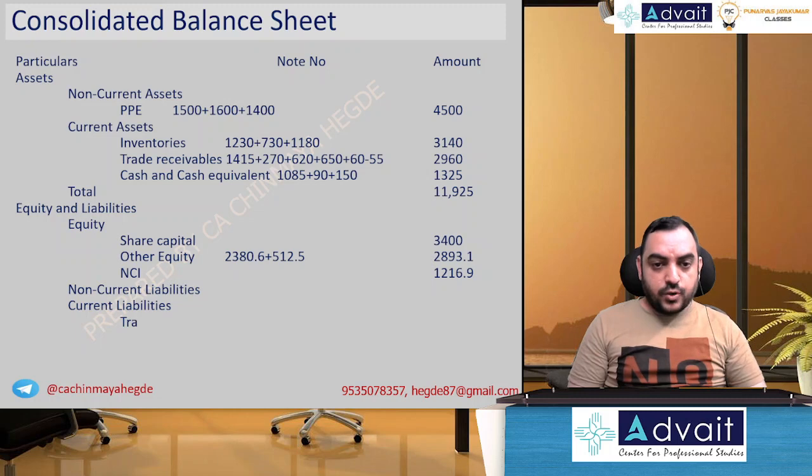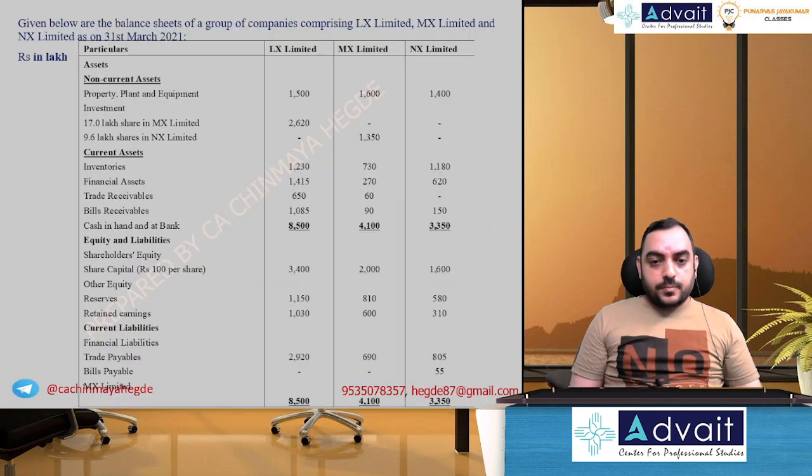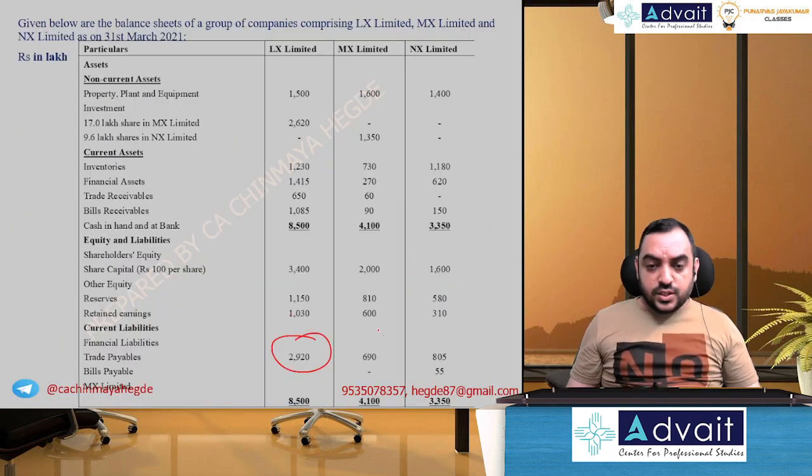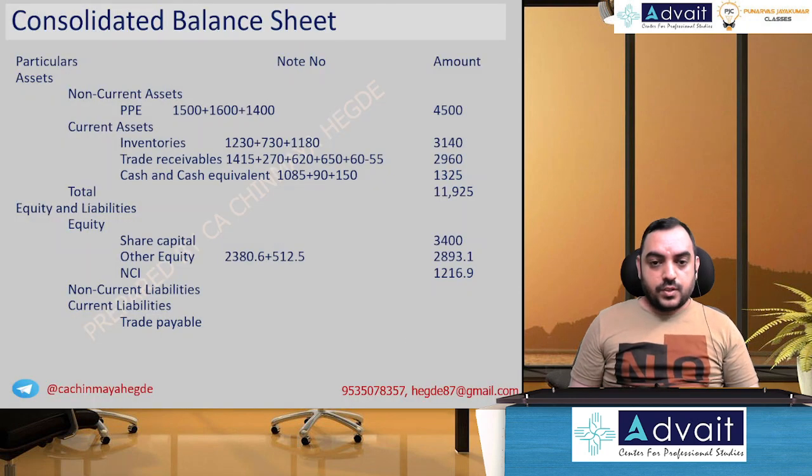We have trade payable only. We can say financial liability as well. 2920, 690, 805. 4415.